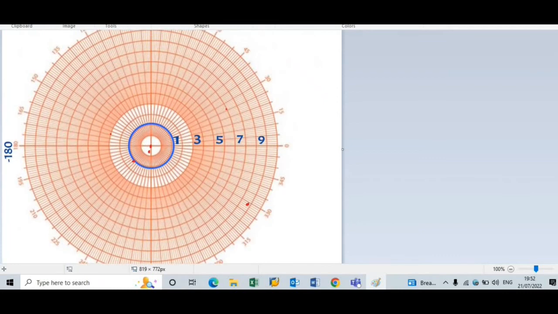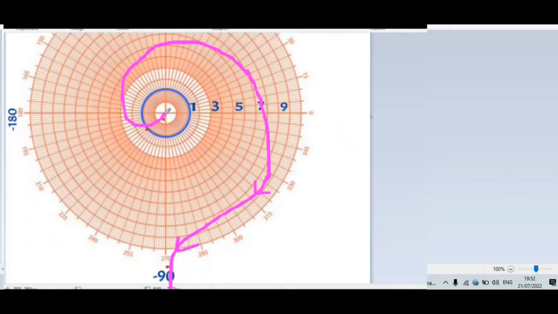If we observe this graph, we have to join all these selected points. And when we select all these points, then we have to show an arrow also starting from this 0 and moving towards infinity.